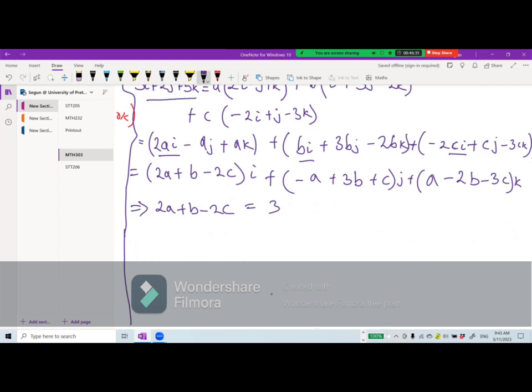So equation 2 will be negative a plus 3b plus c equals equation 2. Then we have a minus 2b minus 3c equals 5, equation 3.